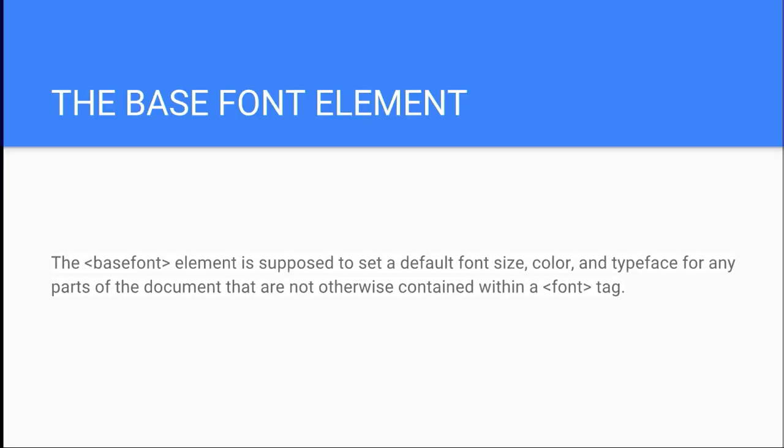And the next option is the base font element. The base font element is supposed to set a default font size, color, and typeface for any part of the document that is not otherwise contained within a font tag.